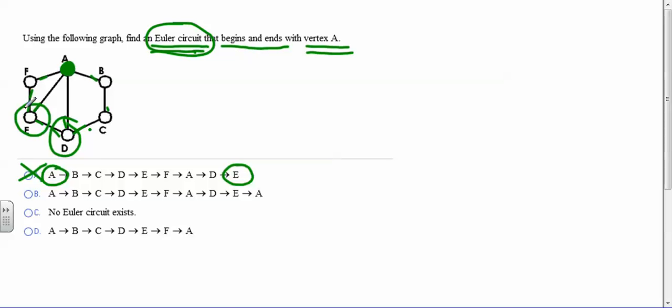So in this case, we have two odd vertices. Thus, it might have an Euler path, but it doesn't have an Euler circuit, where the beginning vertex and the end vertex is the same.